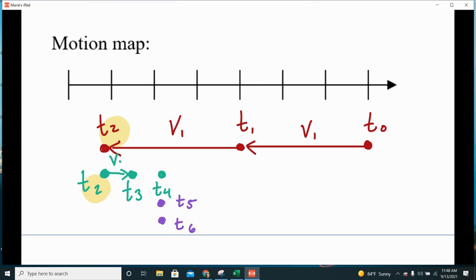So here's V2, V2. And then here my V3 equals 0. So the most common mistake here is that students forget that these need to be the same time number because you were going backwards and you immediately started going forwards again.